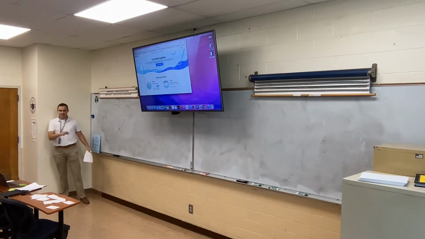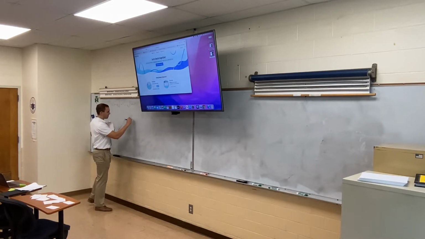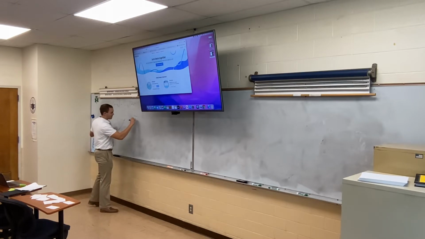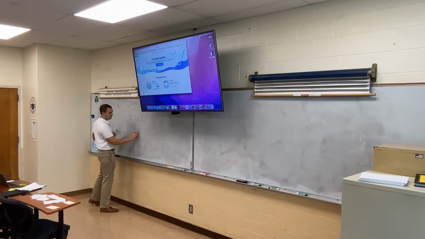Find the length of AB with the distance formula, which gives me the length of the diameter, then divide it by 2. Don't forget to divide by 2. So the diameter would be the square root of 7 minus 3 squared plus 4 minus 2 squared, which is the square root of 16 plus 4, so square root of 20.